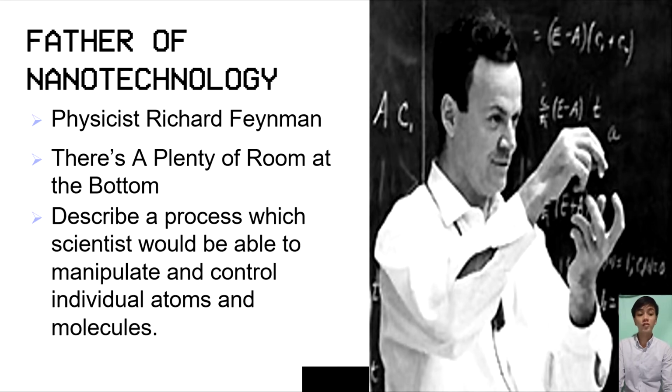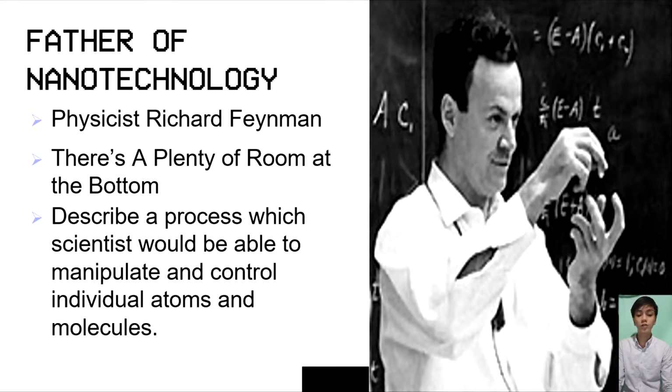The father of nanotechnology was physicist Richard Feynman. The ideas and concepts behind nanoscience and nanotechnology started with a talk entitled "There's Plenty of Room at the Bottom" by Richard Feynman at the American Physical Society meeting at the California Institute of Technology, or Caltech, on December 19, 1959.